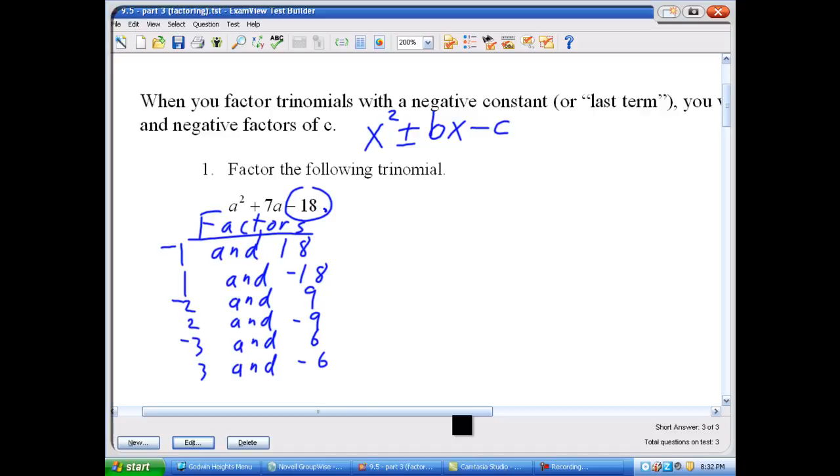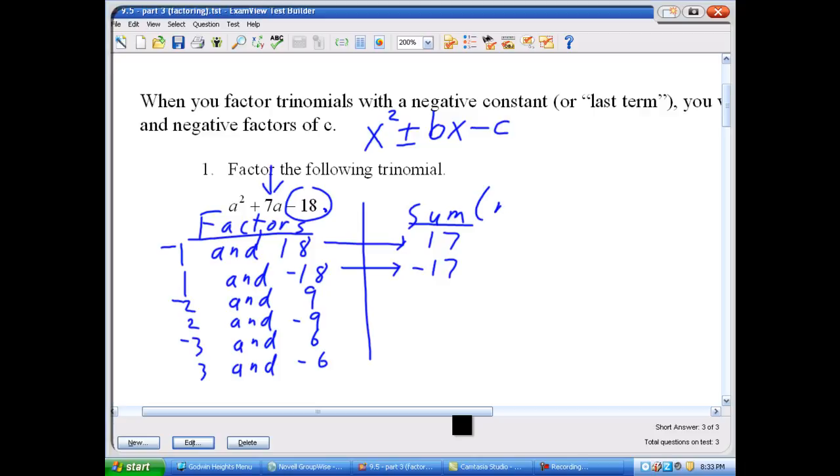Now, what I need to do is figure out the sums of all of these different combinations. If I take negative 1 and 18 and add them together, I will get 17. If I take 1 and negative 18 and add them together, I'll get negative 17. What I'm looking for is for that to add up to the middle term.